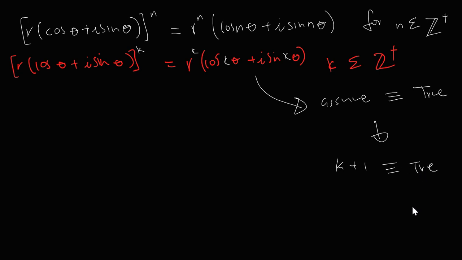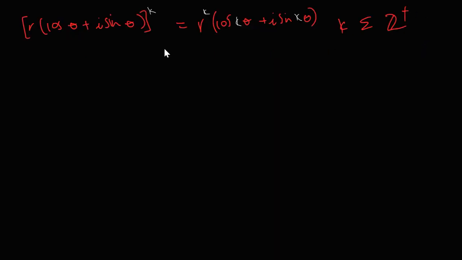Okay, so if k is true, then k plus 1 is true. So we're just going to prove that k plus 1 is true. If k plus 1 is true when k is true, then this is true for all positive integers. So let's get it started. We have a right hand side and a left hand side that we're just going to compare.